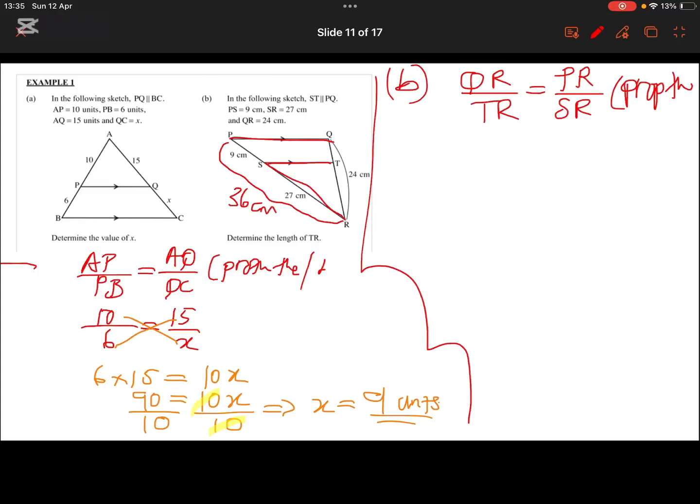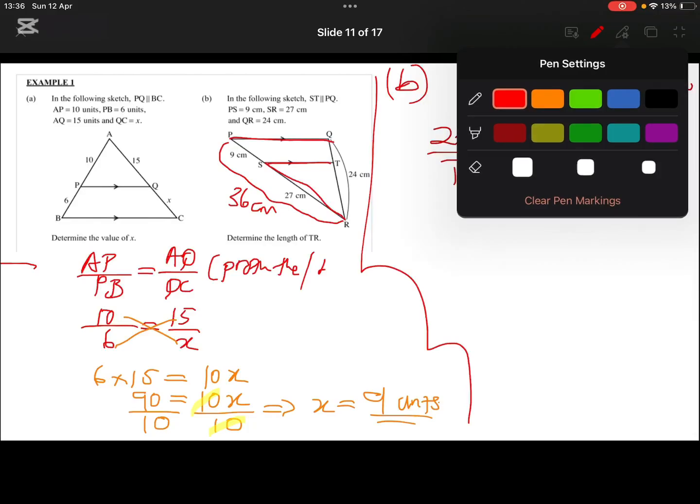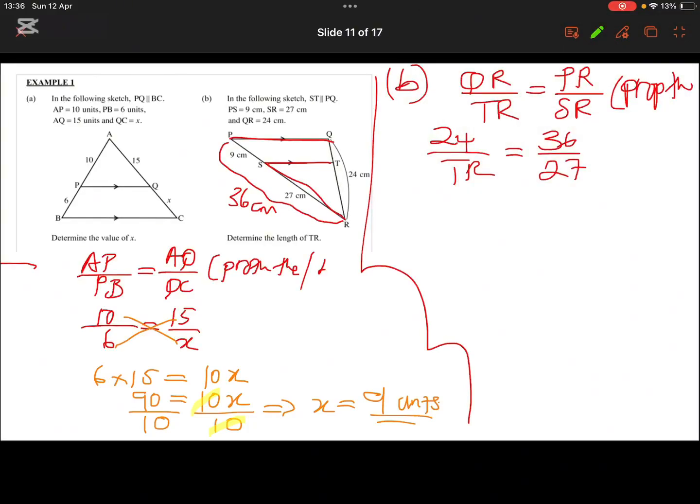So now we can make our calculation to get TR. QR is 24 centimeters divided by TR, which is what we're looking for, and that will be equal to PR, which we just calculated as 36 centimeters, divided by SR, which is 27.